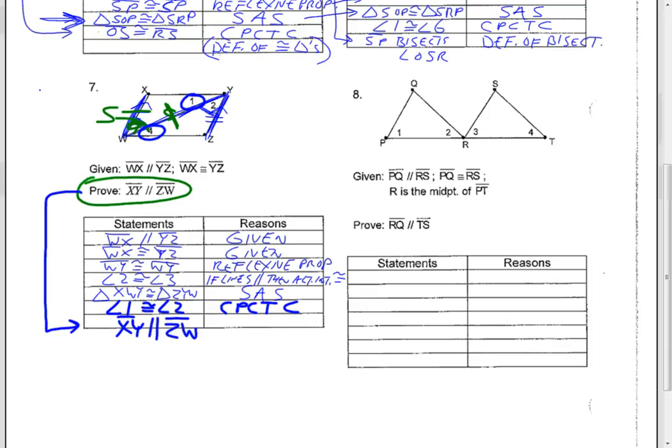Now you've got to think back to your last test. Angle 1 is congruent to angle 2? I'm sorry, angle 4. I circled 4 and I wrote 2. Thank you. XY parallel ZW. Very good catch.